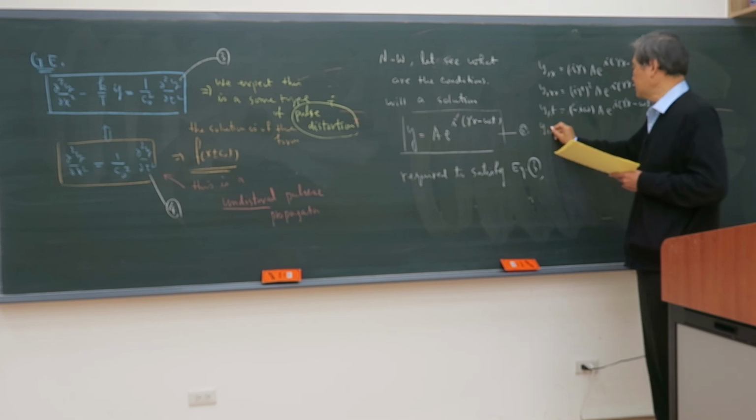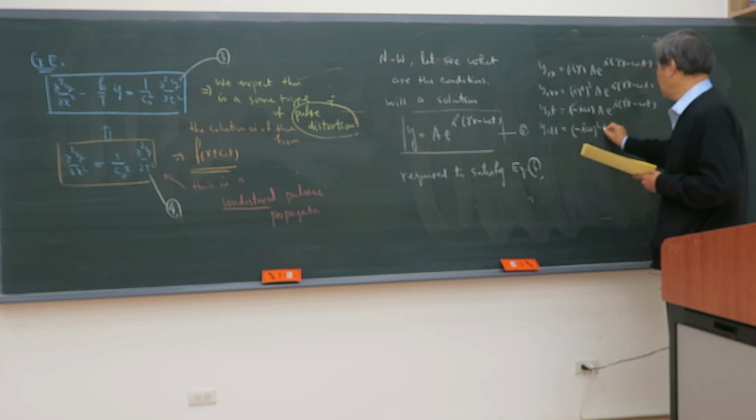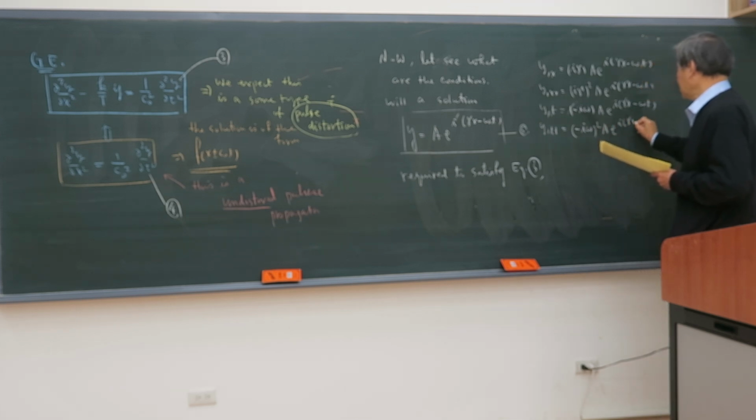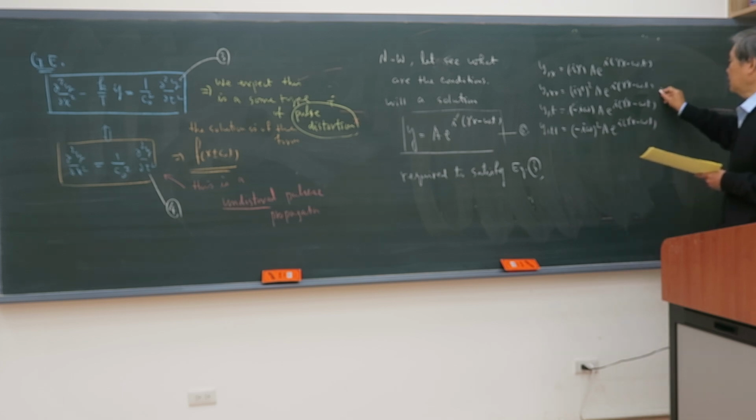And y tt will be minus i omega square A e to the i gamma x minus omega t, right? And this will be minus gamma square A e to the i gamma x minus omega t. And this will be positive omega square A e to the i gamma x minus omega t.